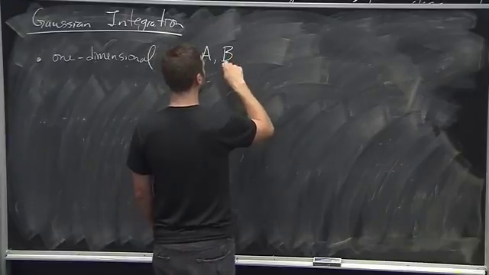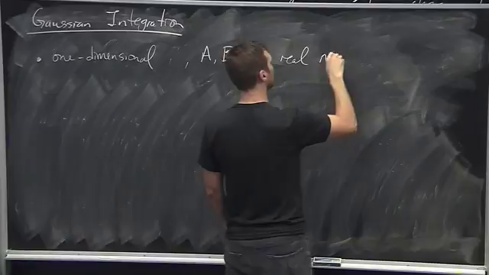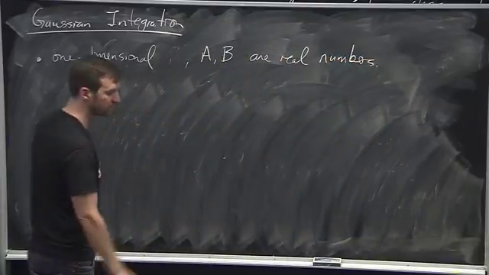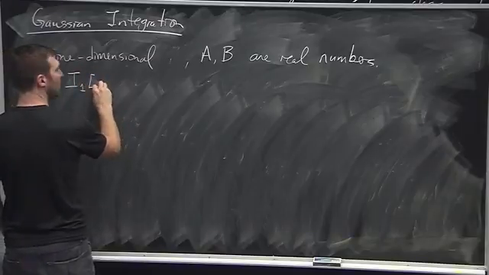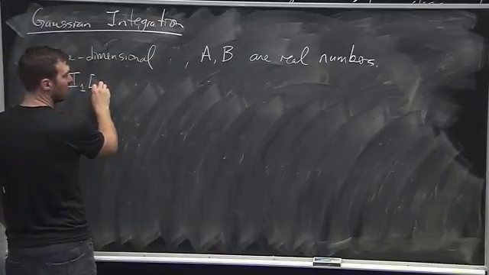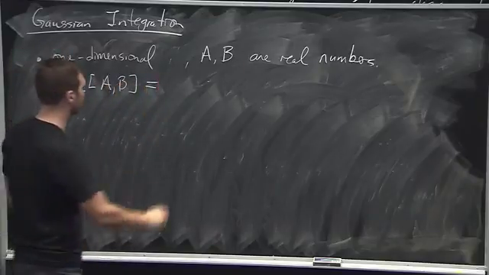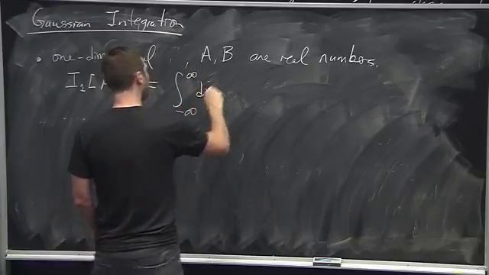And I'm going to have two real numbers. I can call this I1 for one dimension, and it's going to depend on my real numbers. I'm going to define this integral over one variable.